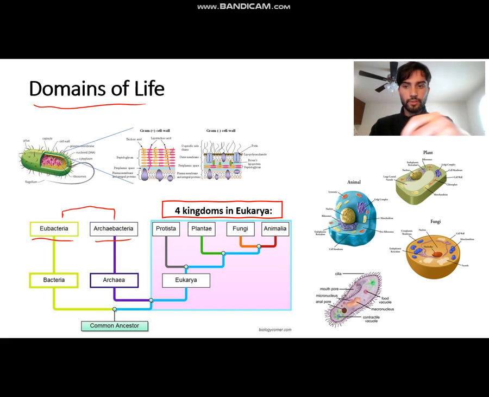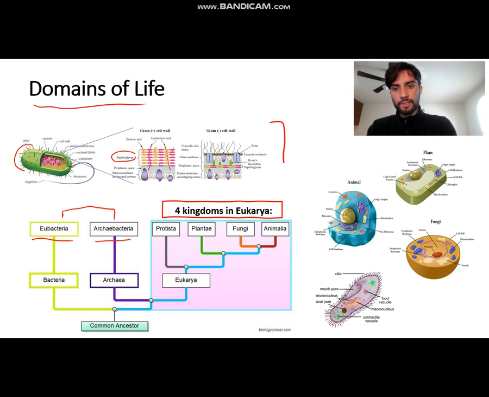An important thing to remind you about is the cell wall of bacteria. Bacteria have a cell wall with peptidoglycan, so protein and sugar, and this is only present in bacteria.